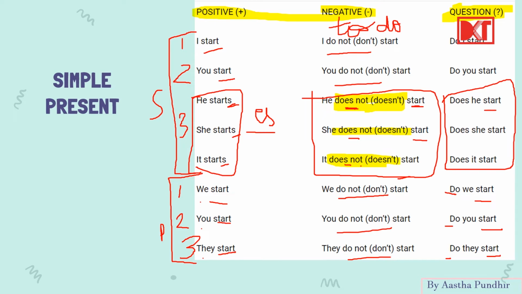Do I start, do you start, does he start, does she start, does it start. Then for plural, do we start, do you start, do they start. Alright, now this chart is very important for your simple present. Let's move on.